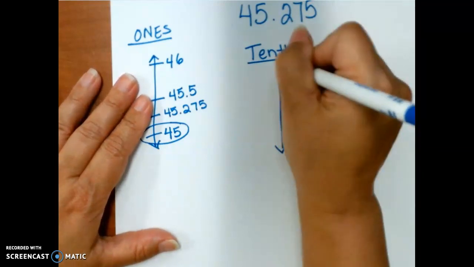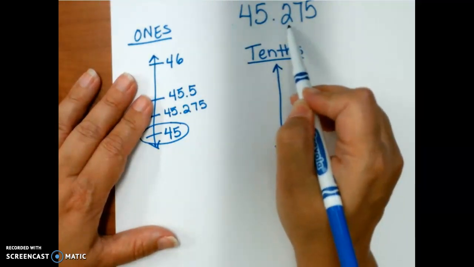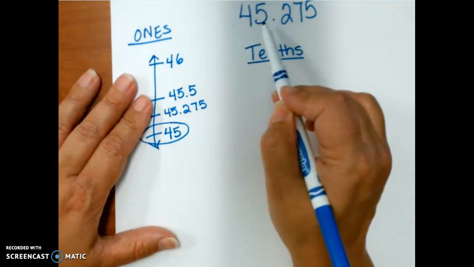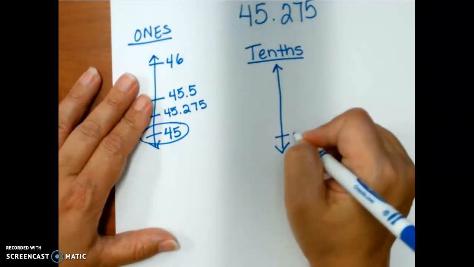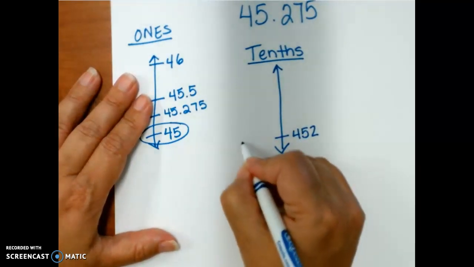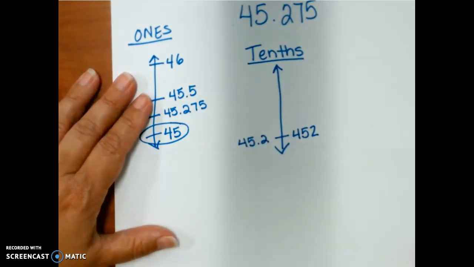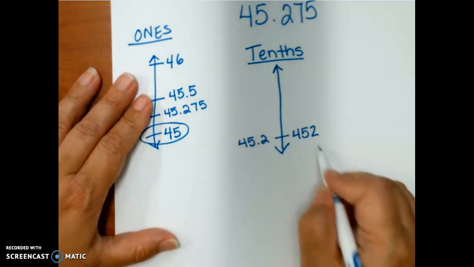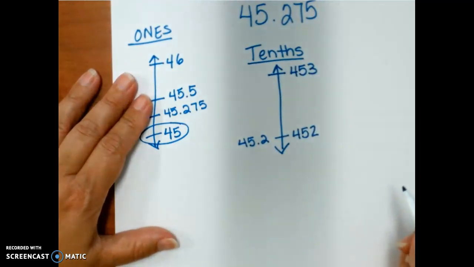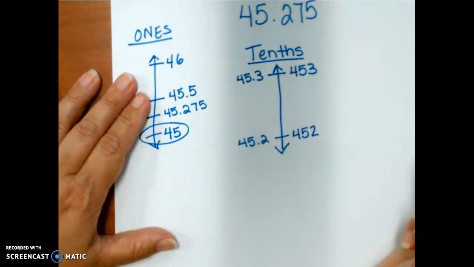How many tenths do I have? I have 2 tenths, but 45 has 450 tenths in it. So I can write it as 452, or I can write it as 45 and 2 tenths. 1 tenth more than that would be 453, or 45 and 3 tenths.